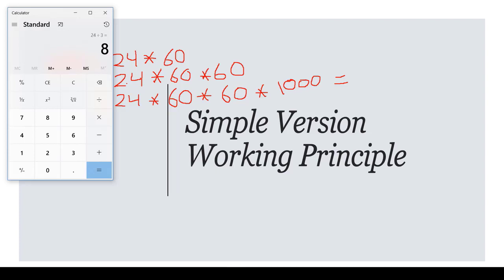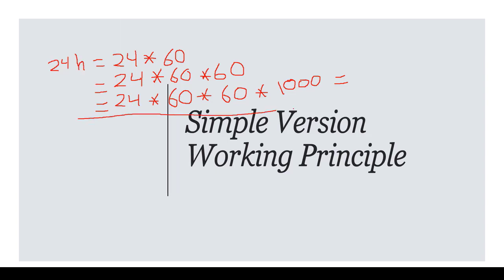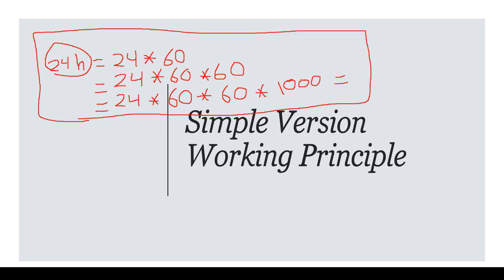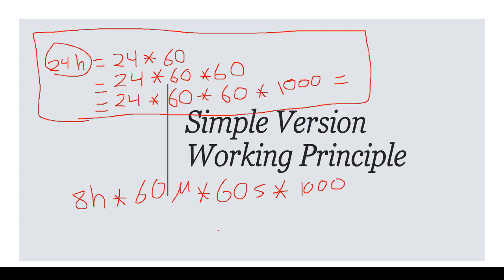So to make our Arduino buzz every 8 hours, we need to do the very same thing that we did here, but instead of 24 hours, we will add 8 hours. So 8 hours multiplied by 60 minutes multiplied by 60 seconds and multiplied by 1000 milliseconds.